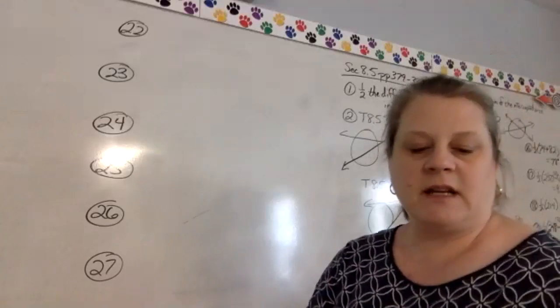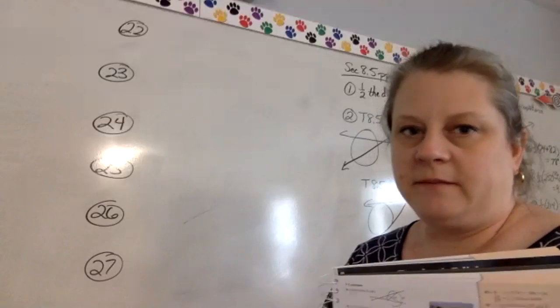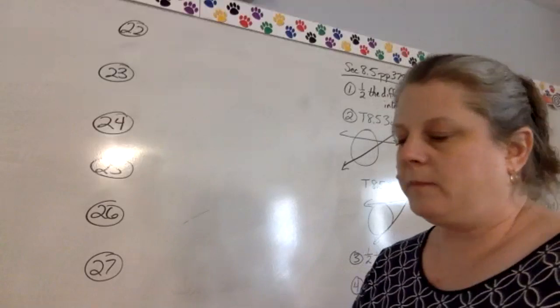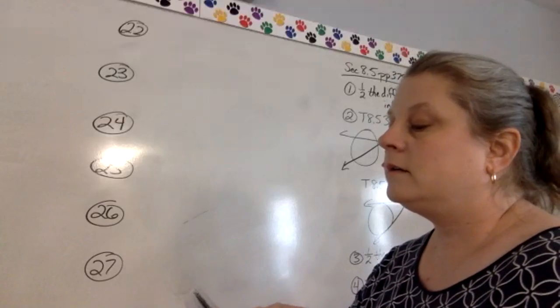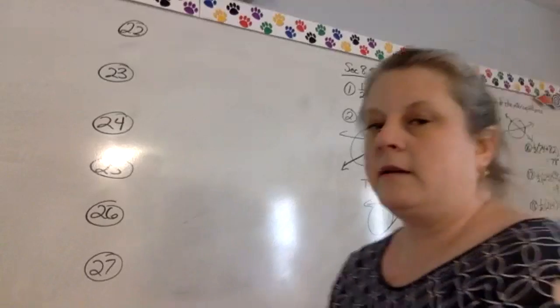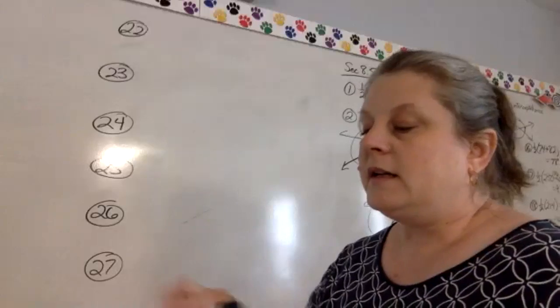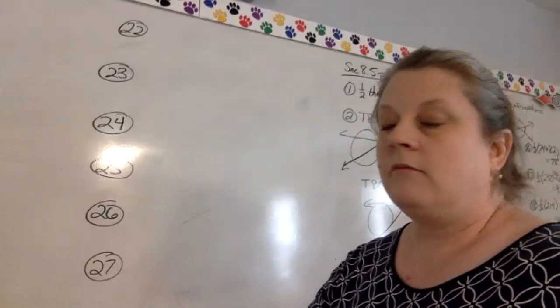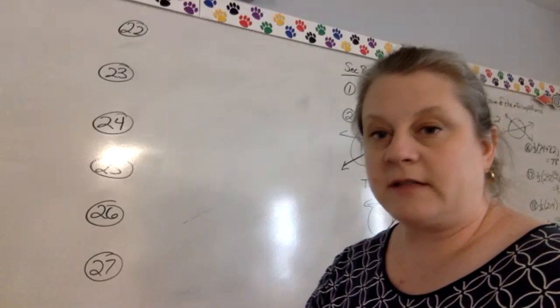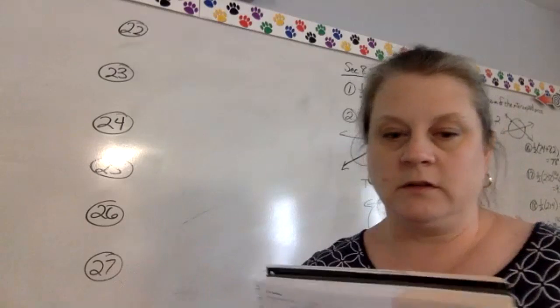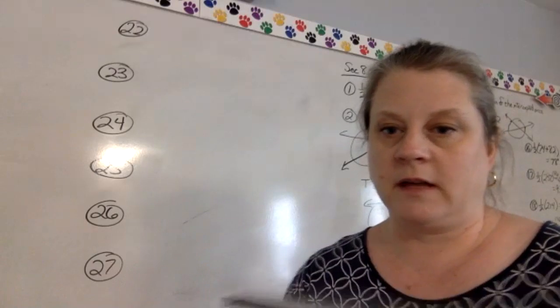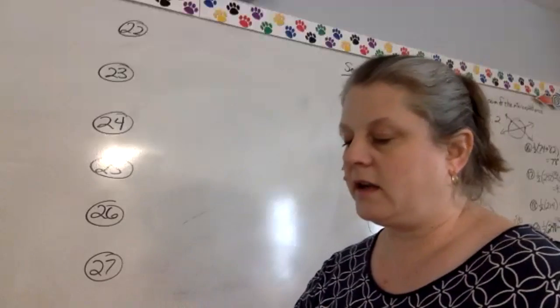So on this one, is the angle inside or outside? On 22, the angle where the lines cross is on the outside, the exterior of the circle.